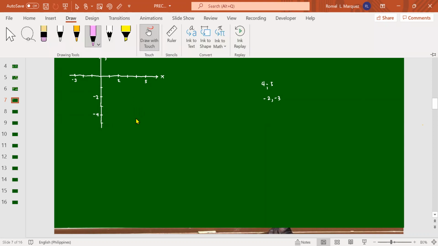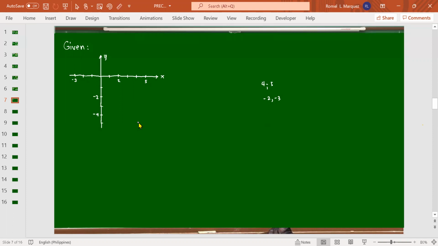Negative 5 here. Am I right, guys? For negative 5, negative 3, negative 2. Am I right, children? Yes, sir. Then we connect, no?